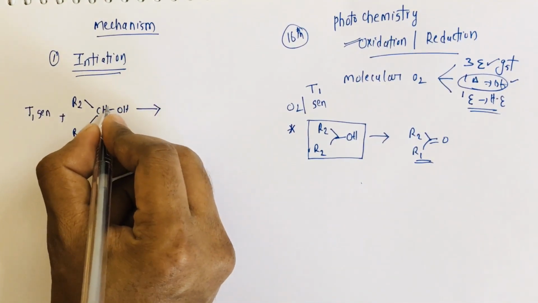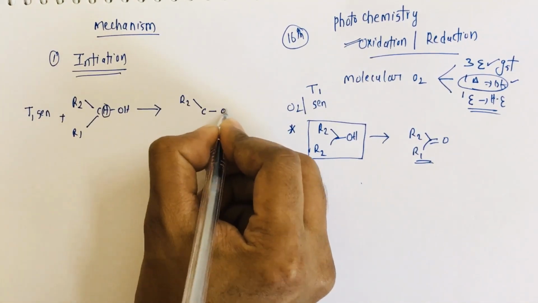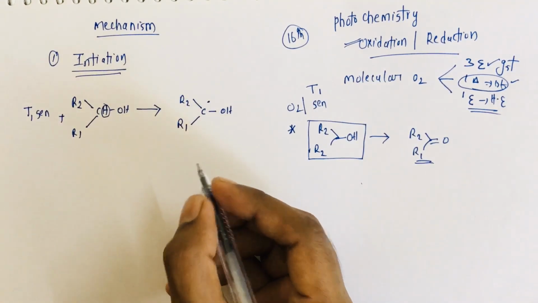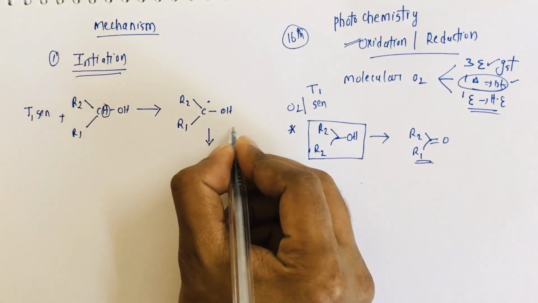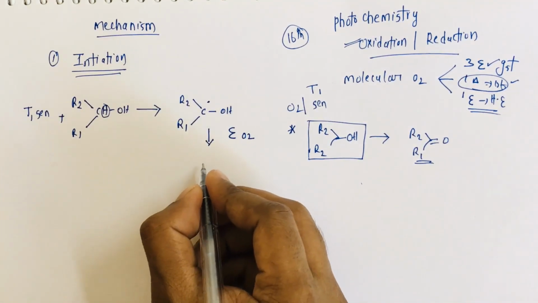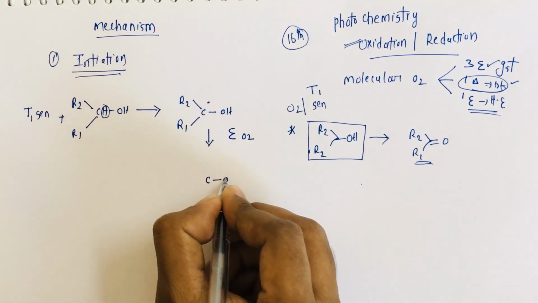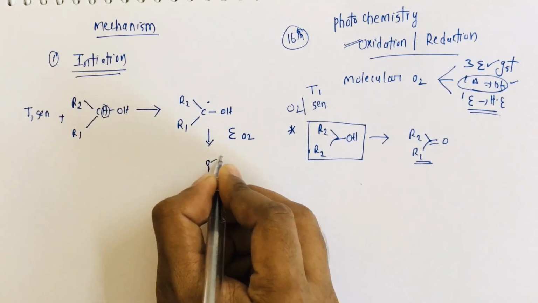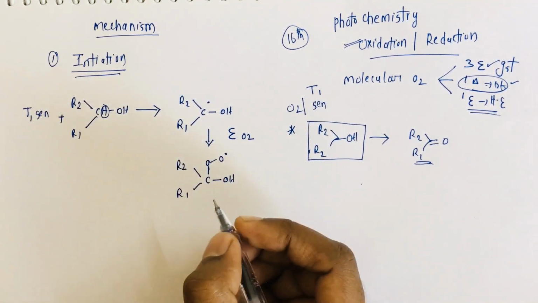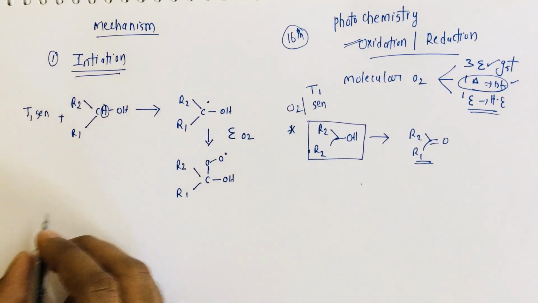This triplet sensitizer abstracts this hydrogen, then it forms a radical here. Now this radical reacts with molecular oxygen, and the oxygen attacks this carbon radical. So now we get a compound like this, with an O radical, R2 and R1. This is the initiation step.